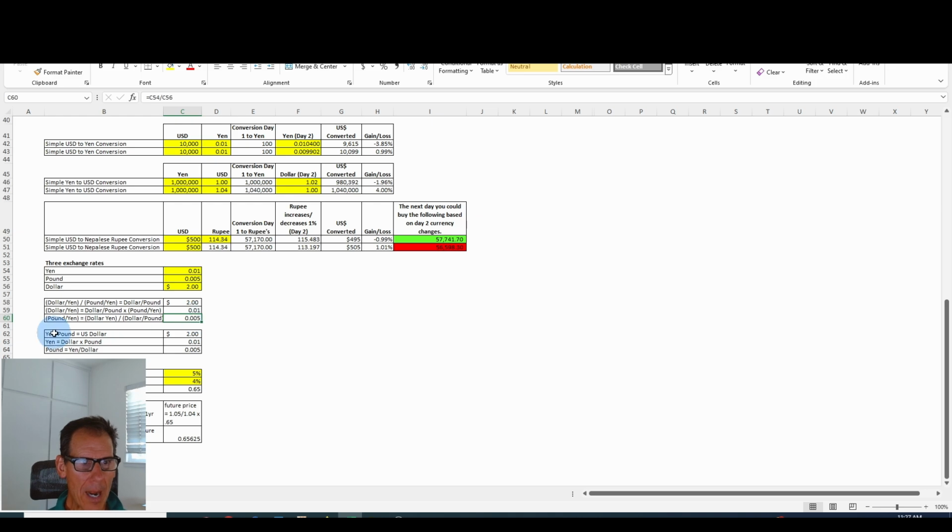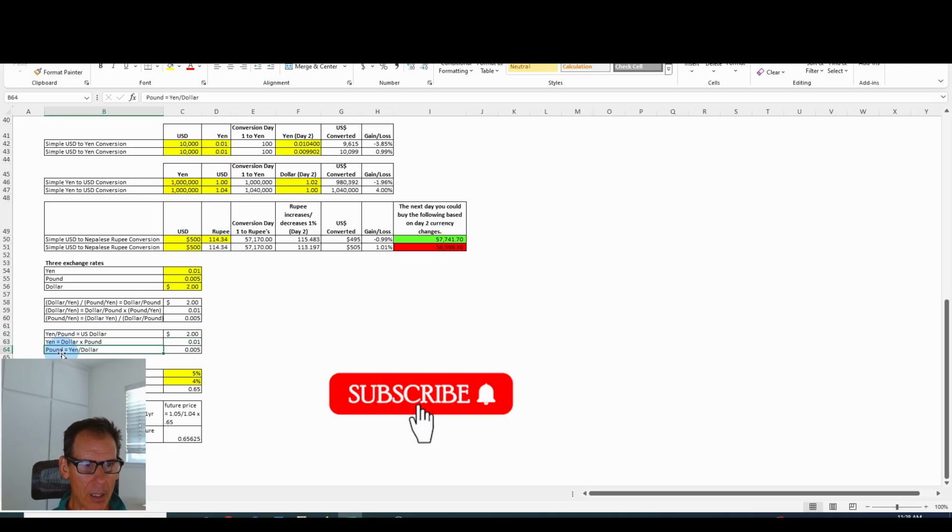So yen pound equals US dollar is 2. If we take yen, divide this by 0.05 equals 2. You took your dollar, or let's say you have yen and pounds, the conversion will be this, so on and so forth. I'll explain this in detail in the next session. I just want to show you what we're trying to do here. Yen equals dollar times pound, and pound equals yen divided by dollar.